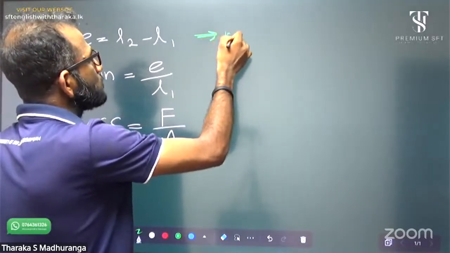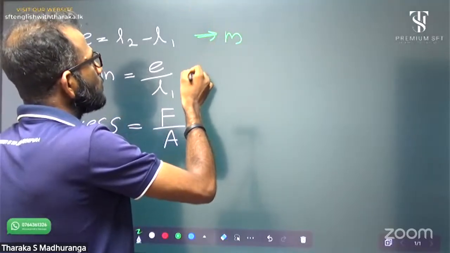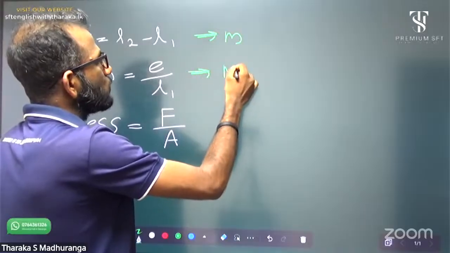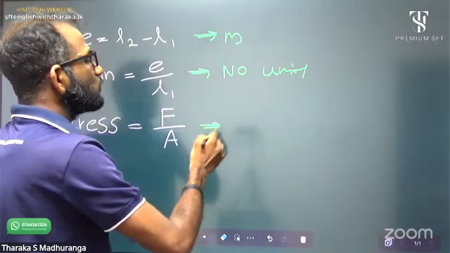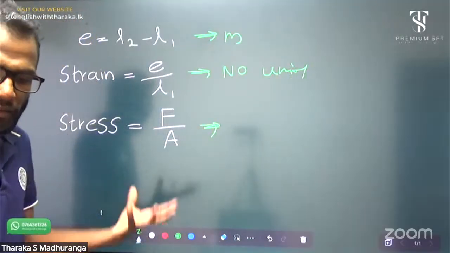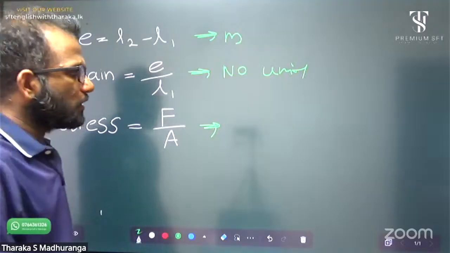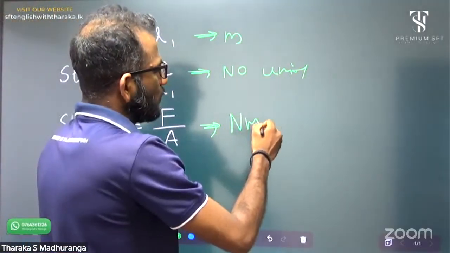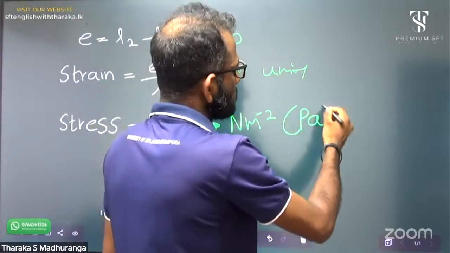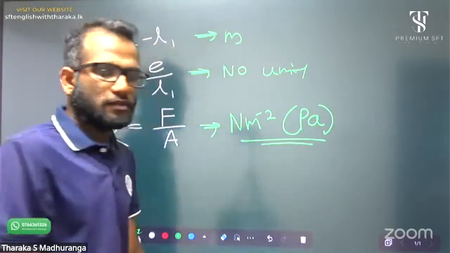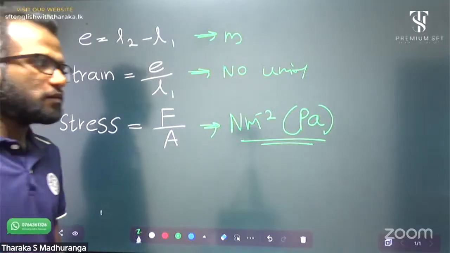It is meter. What is the standard unit of strain? No unit, because meter to meter cancels. What is the standard unit of stress? It is N m^-2, meaning newtons per square meter, or Pascal.